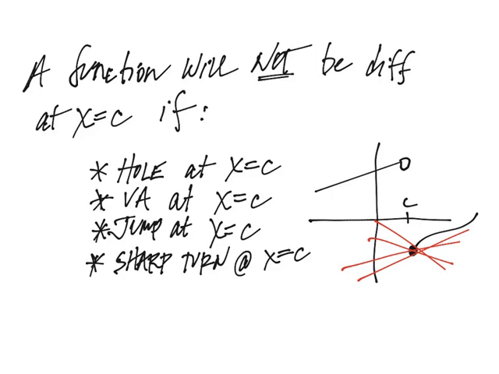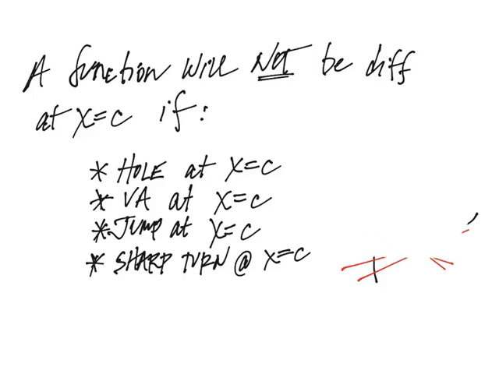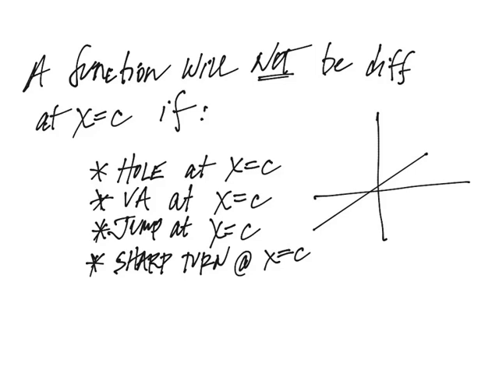Any instantaneous change in slope, so for instance, even if you had a function that went from a positive 1 slope to a 1.5 slope, this point right here would be considered sharp. It's an instantaneous change in slope. So any sort of a sharp turn at x equals c will make the function not differentiable at that value of c. And then, of course, the last has to do with the numeric value.